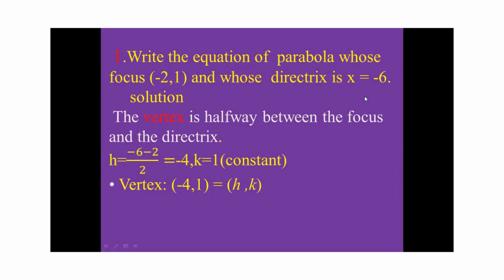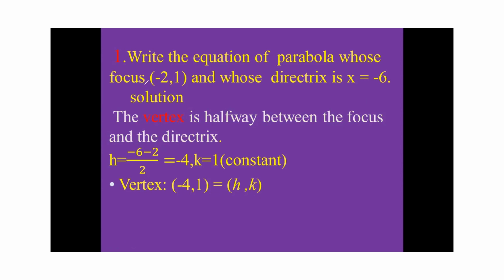Here is an example. Write the equation of a parabola whose focus is at x equals minus 2 and whose directrix is x equals minus 6. The solution: the vertex is halfway between the focus and the directrix.